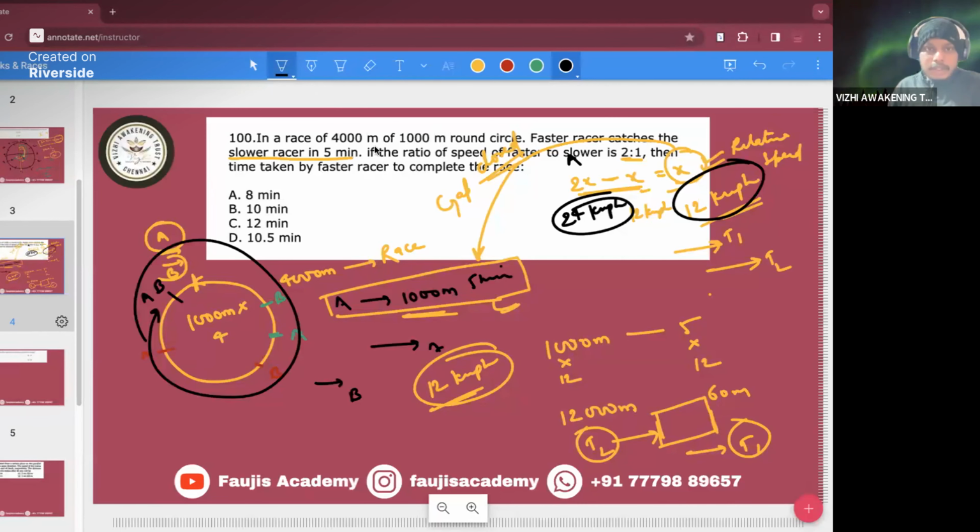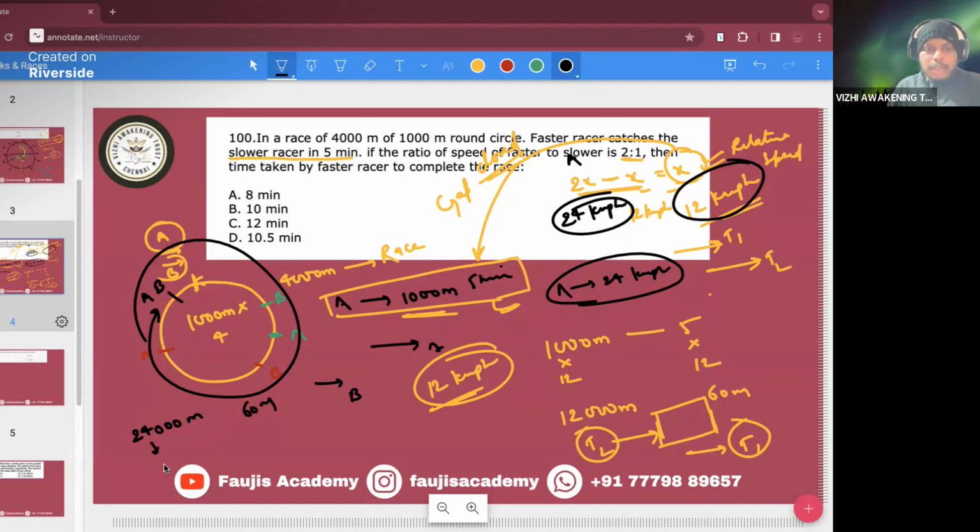So guys, if 24 kmph is A's speed, then how much time will he take to complete the race? He runs 24,000 meters in 60 minutes, right?